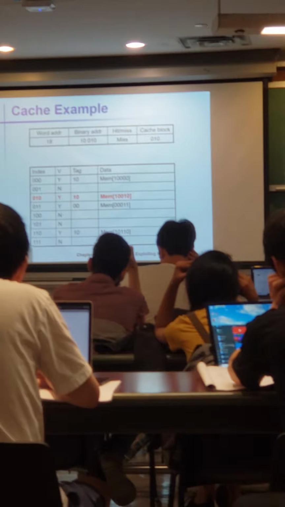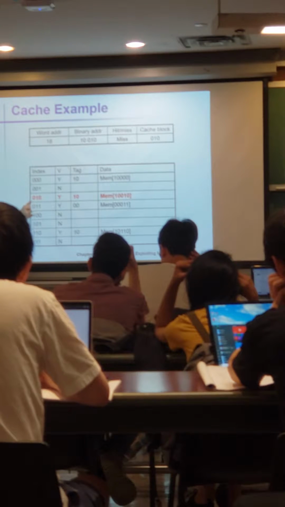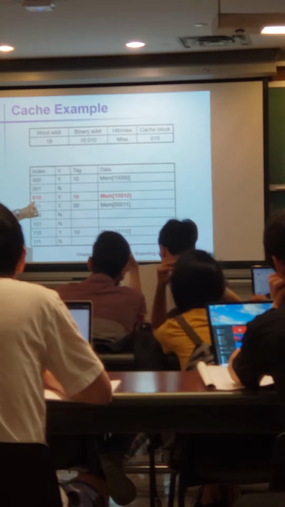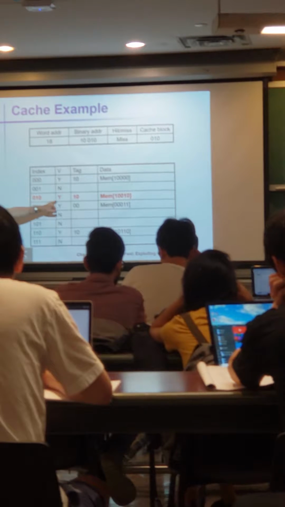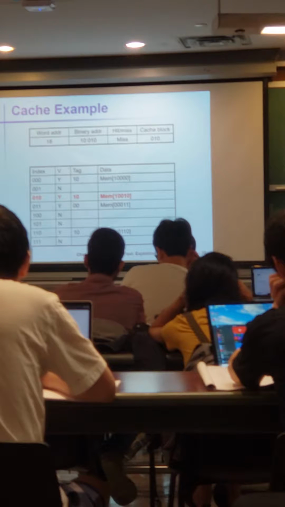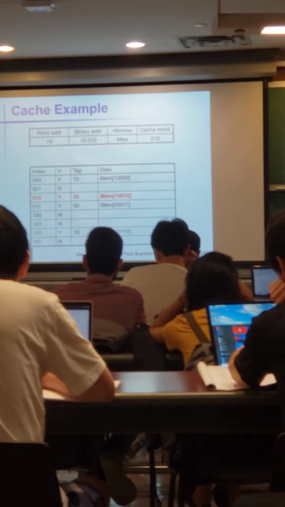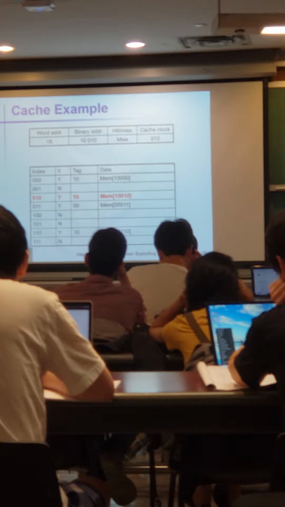I want this binary address, okay? And it's a miss, but there was something here, right? In the previous line. So it's valid, but it doesn't come from the memory address that you want to read your data. So now what do you do?